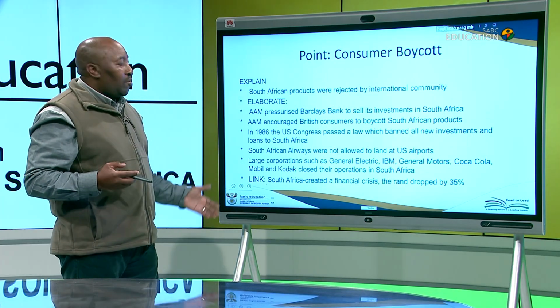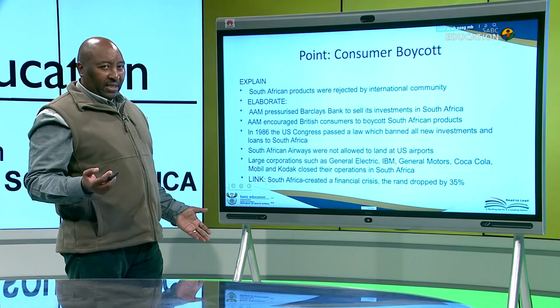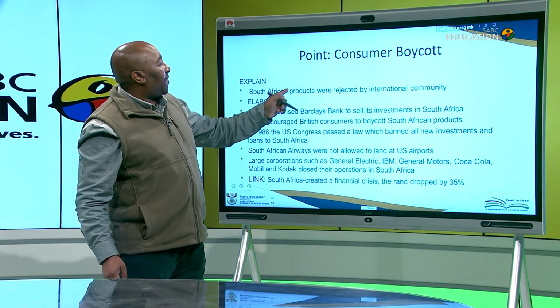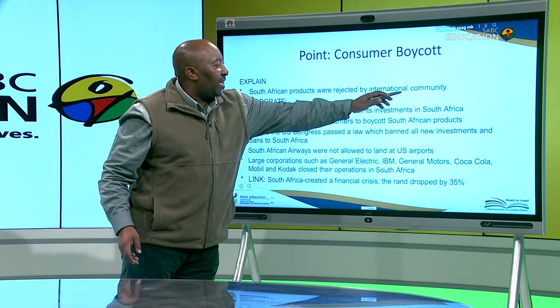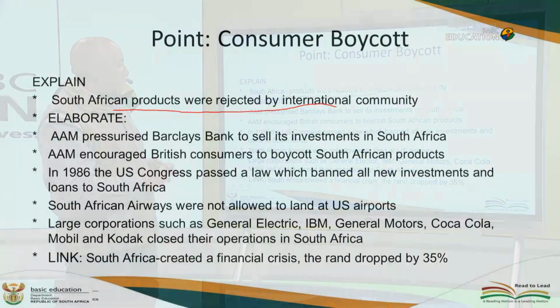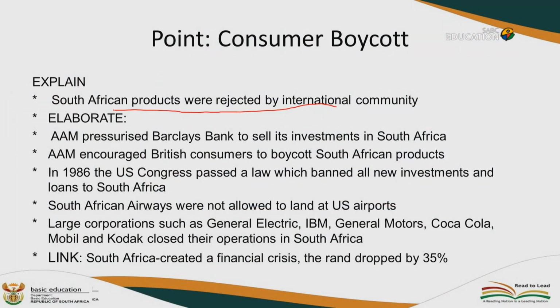Right, consumer boycott is another point that I want us to talk about. Under this point, you would say South African products were rejected by the international community as an explanation. Then elaboration, we've got all these examples of companies that withdrew their investment in South Africa as part of examples.